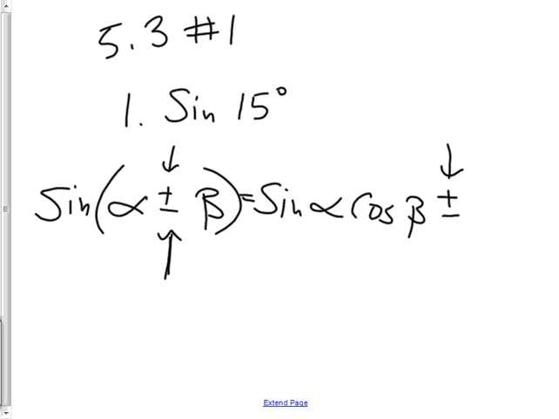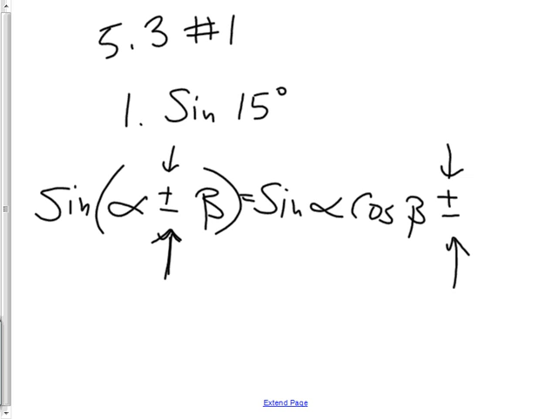Or if you start with a subtract, you stay as a subtract. Look at the other formula on the sheet, the one for cosine. You see how it starts with a plus minus? And then in the formula later, it says what? Minus plus. That means you should change signs. So if they give you a plus and you're in the cosine formula, you change it to a minus in your answer.